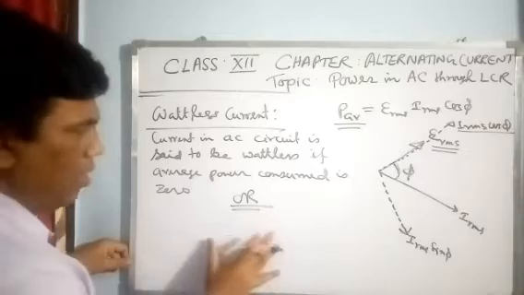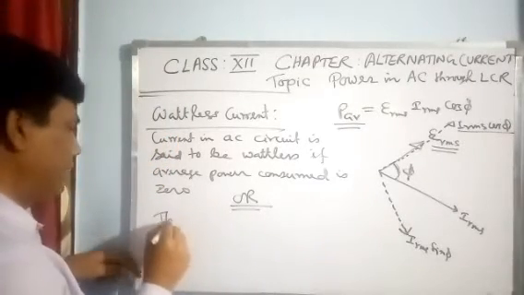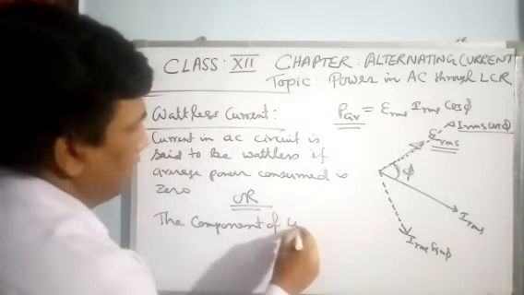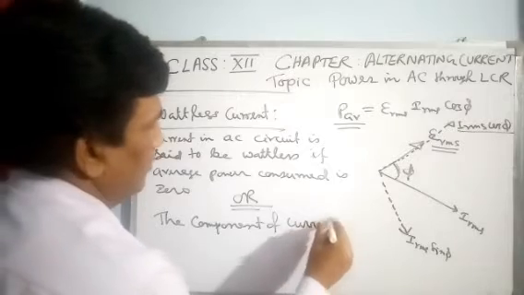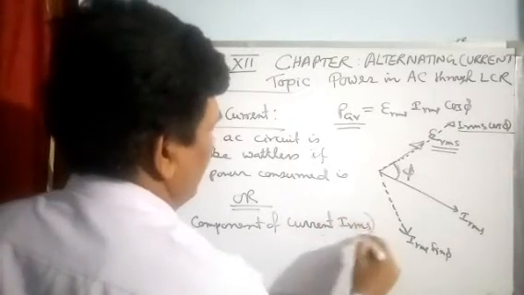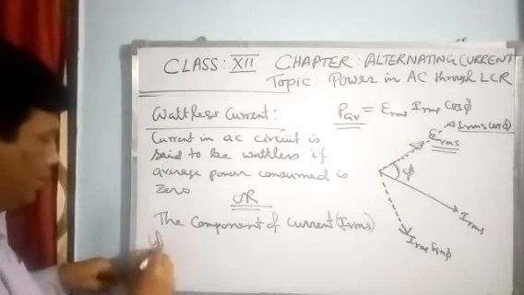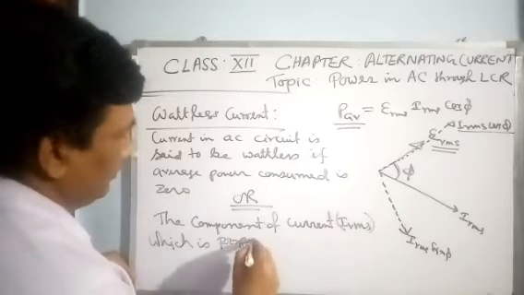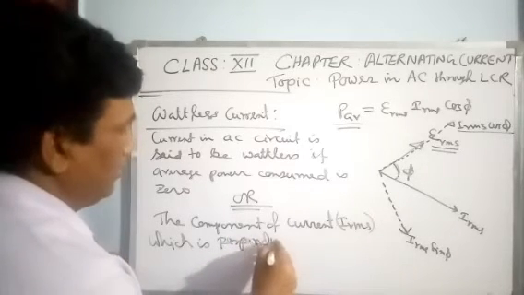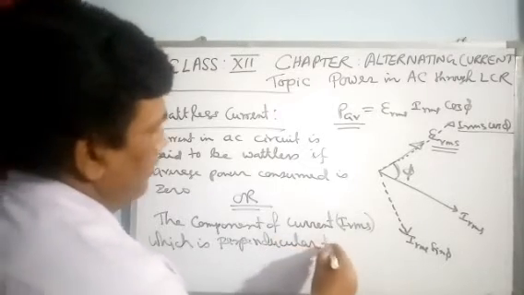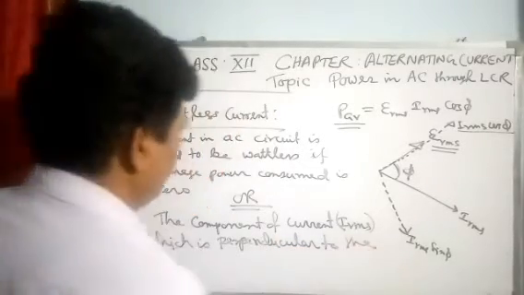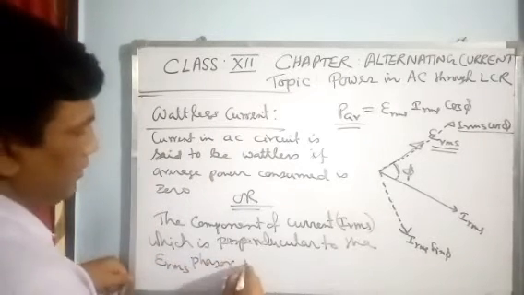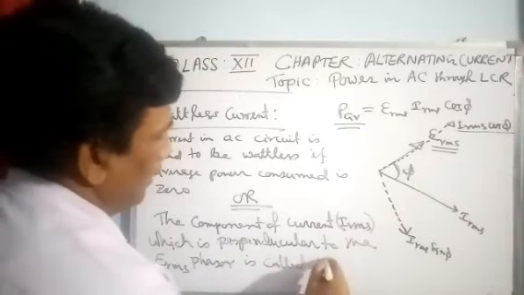It will be a better definition. The component of current IRMS which is perpendicular to the ERMS phasor is called wattless current.